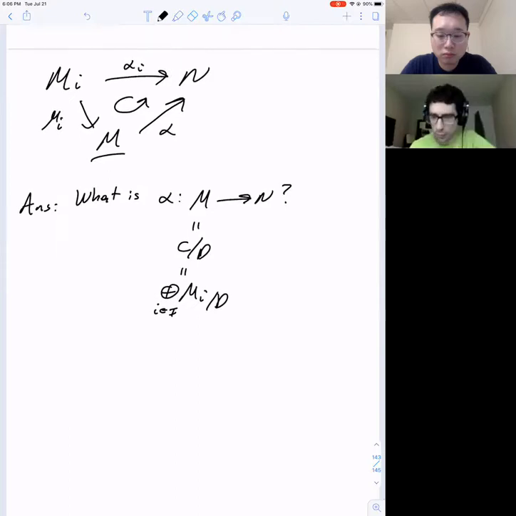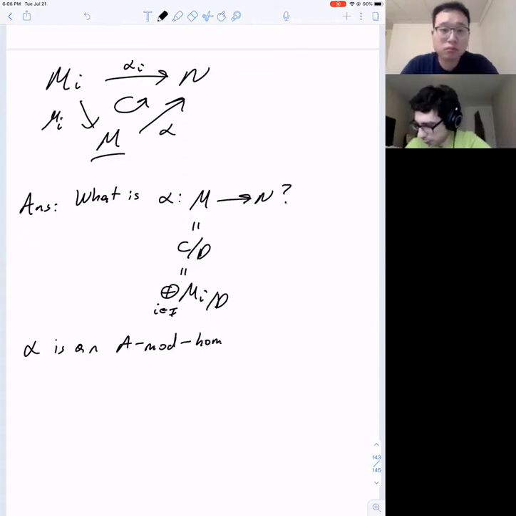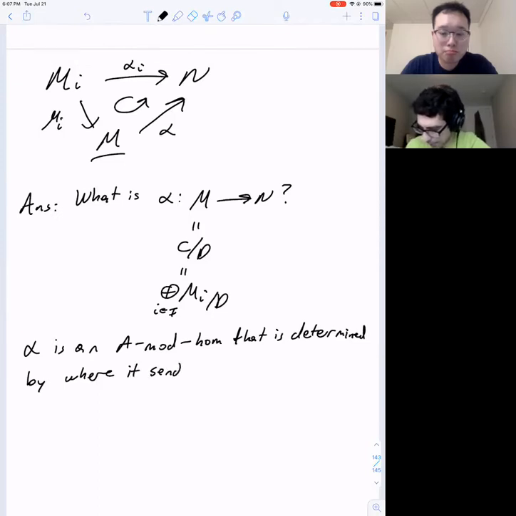So alpha is a module homomorphism that is completely determined by where it sends each tuple.